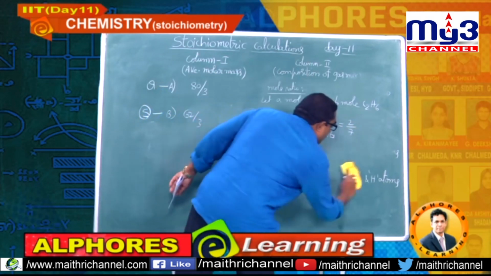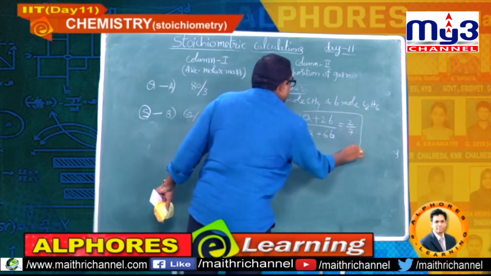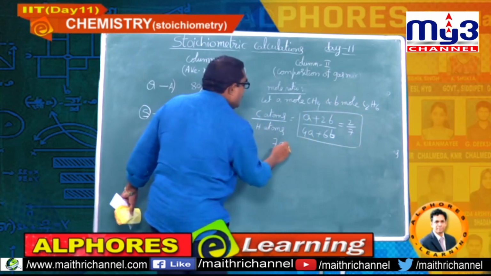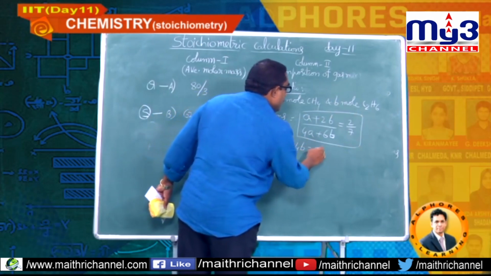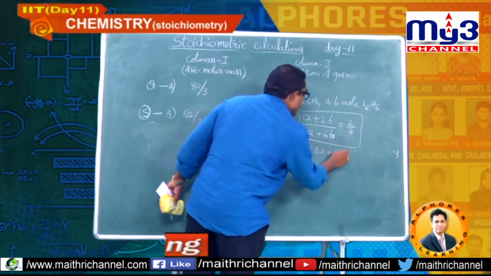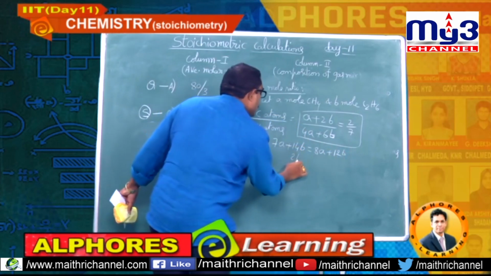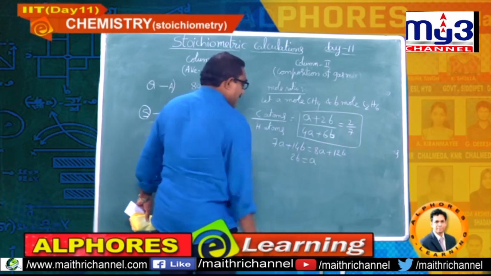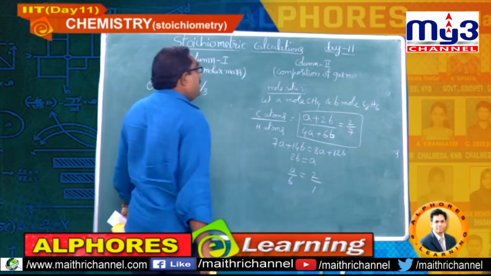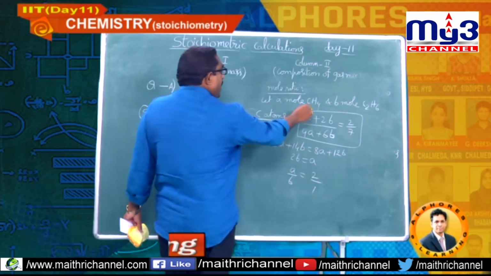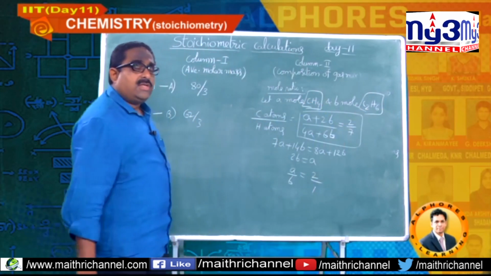Now let me do the calculation. 7A plus 14B is equal to 8A plus 12B. If you take B to the side, 2B, that is A. So A by B is equal to 2/1. So mole ratio of methane and ethane is 2:1.